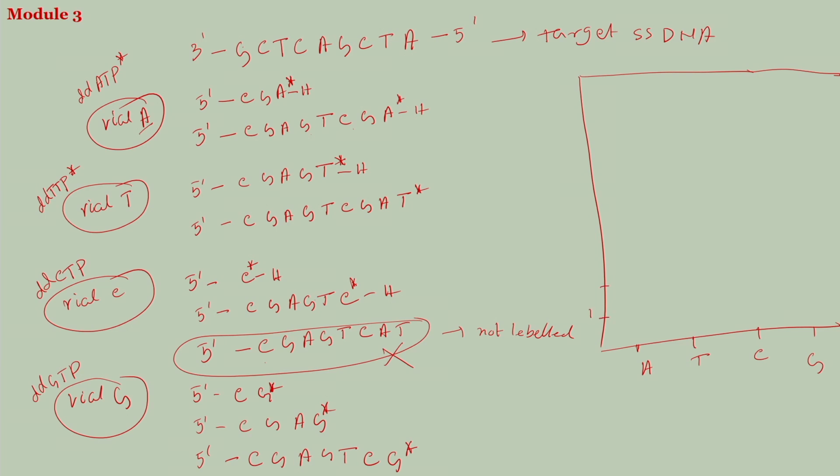1 2 3 4, 5, 6, 7, 8 and 9. So, first, in the vial A there are 3 lengths, 1, 2, 3, 4, 5, 6, 7, 8, 2 spots there.